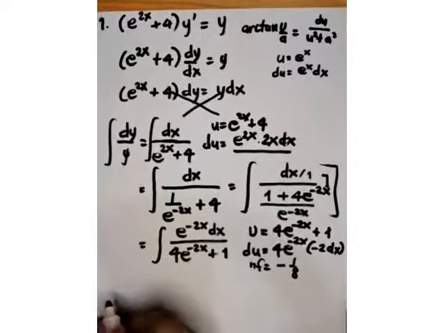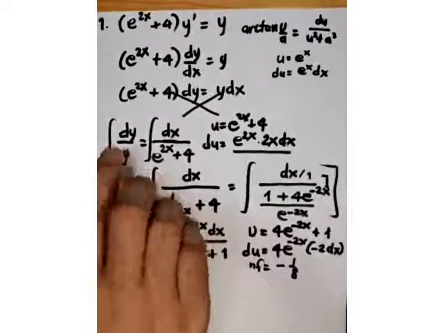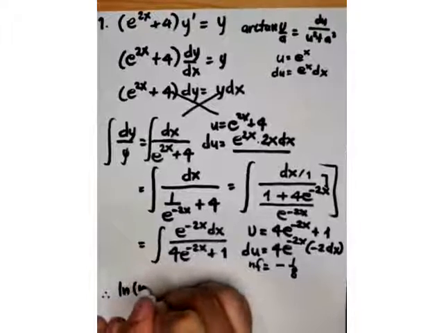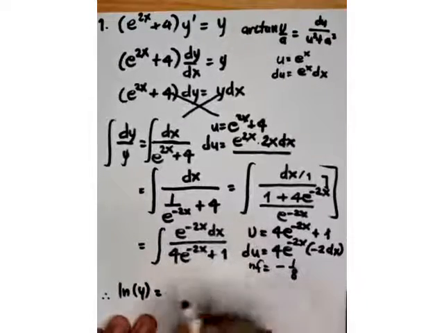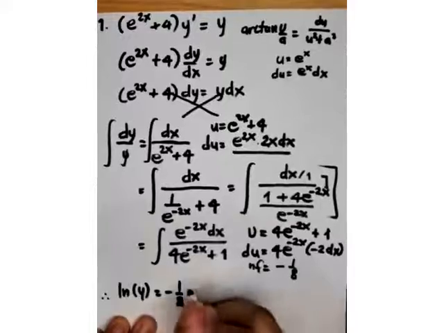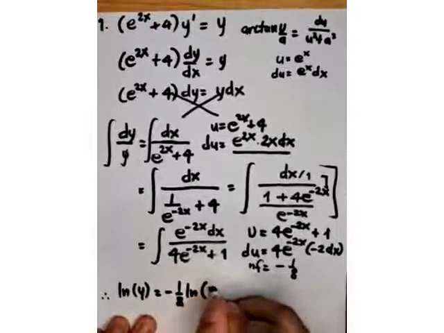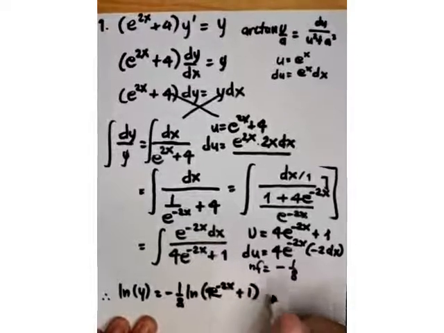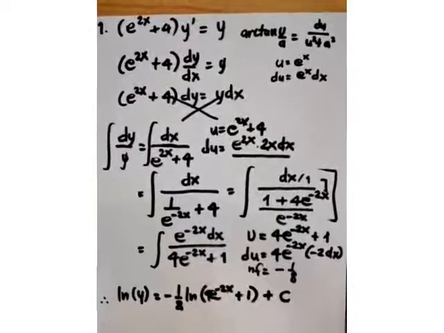Ayan. So, therefore, integral nito ay ln of y is equal to negative 1/8 ln of 4e raised to negative 2x plus 1 plus c.